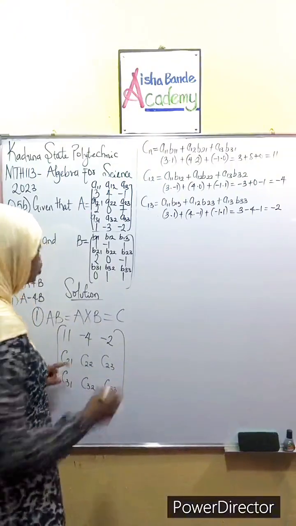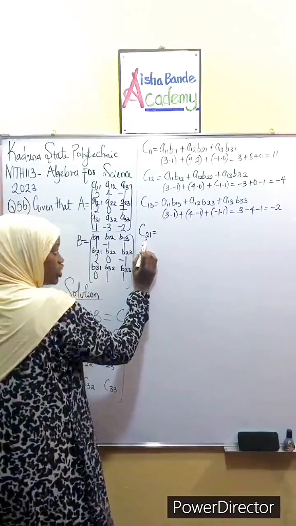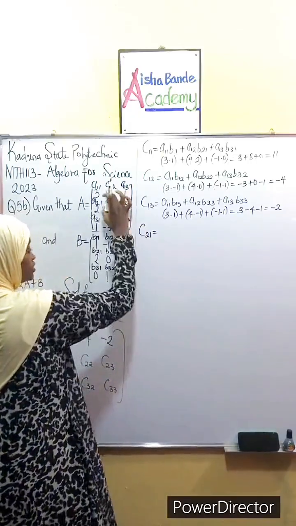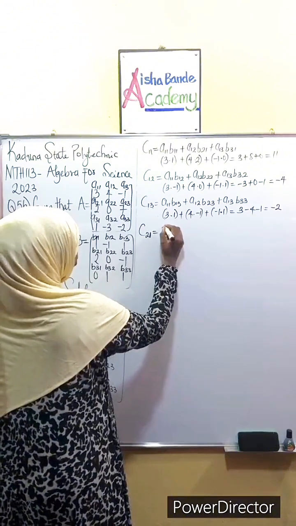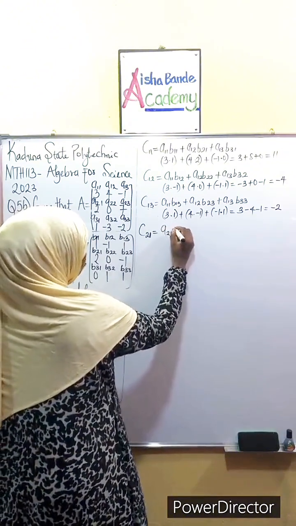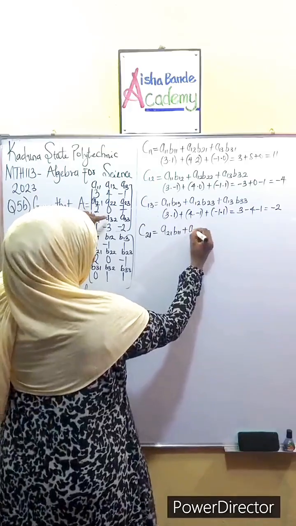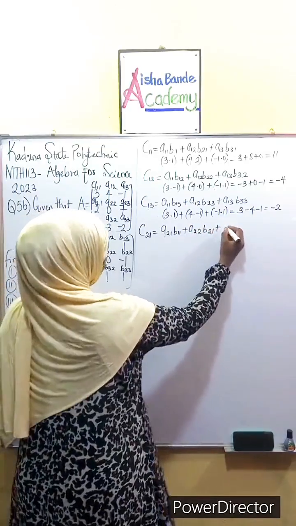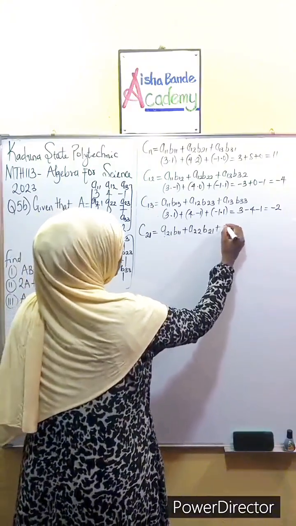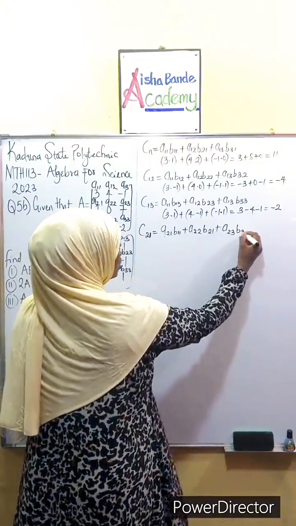So now let's move on to C21. C21 means we are now on the second row for matrix A, then we go to the first column for matrix B. So this is going to be A21 multiplied by B11 plus A22 multiplied by B21 plus A23 then B31.